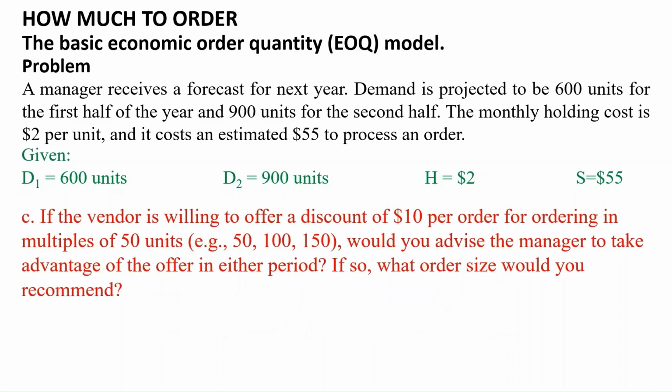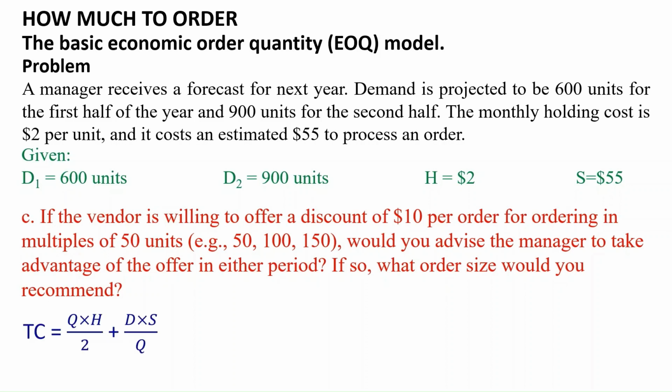The last question is, if the vendor is willing to offer a discount of $10 per order for ordering in multiples of 50 units, example 50, 100, 150, would you advise the manager to take advantage of the offer in either 6-month period? If so, what order size would you recommend? To solve this question, we have to calculate the total cost corresponding to Q0, 50, 100, and 150 for each period and select the quantity that gives minimum total cost.